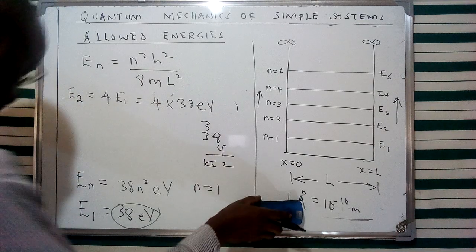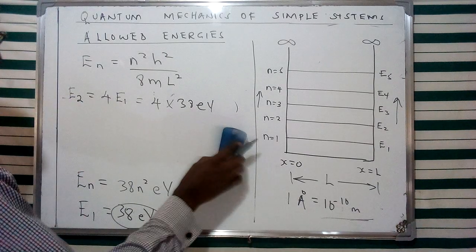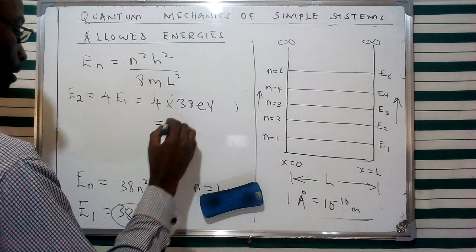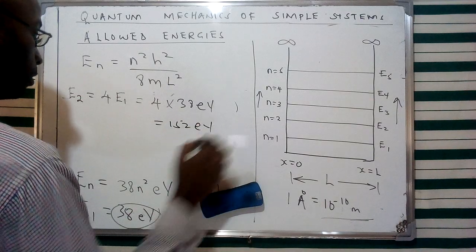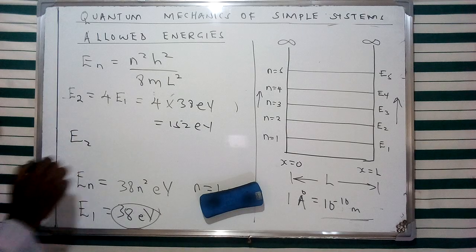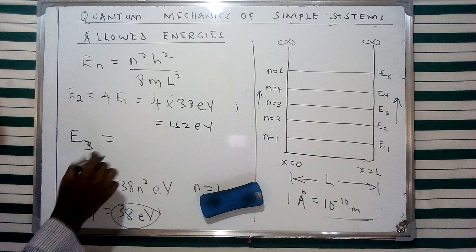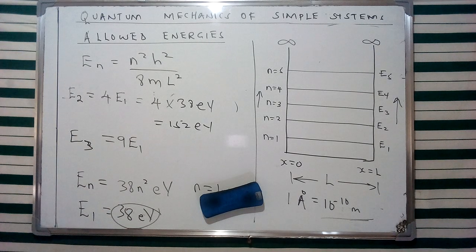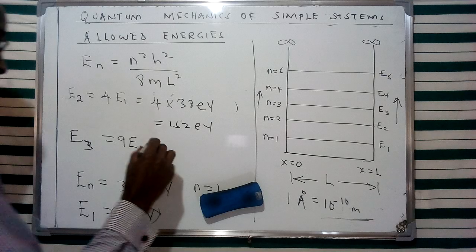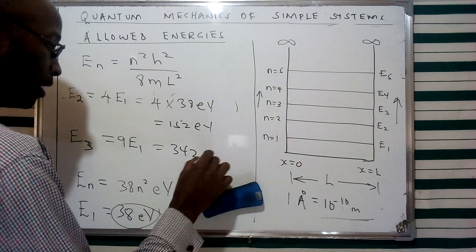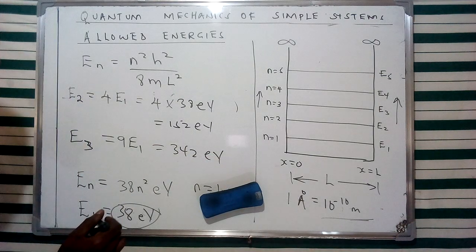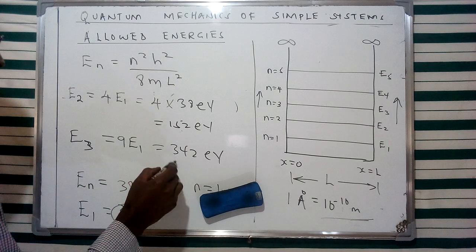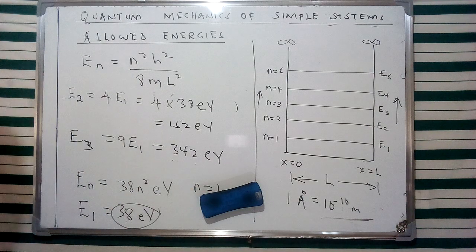So we have E2 given as 152 electron volts. And if we do a respective substitution for E3, it is equivalent to E1 times 9, which is 342 electron volts.